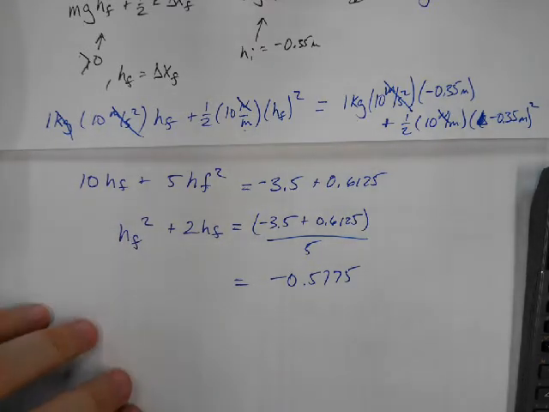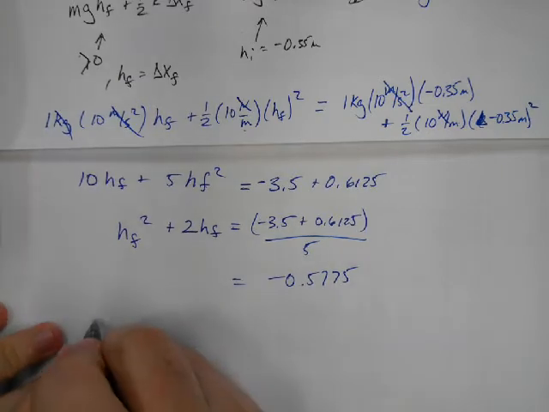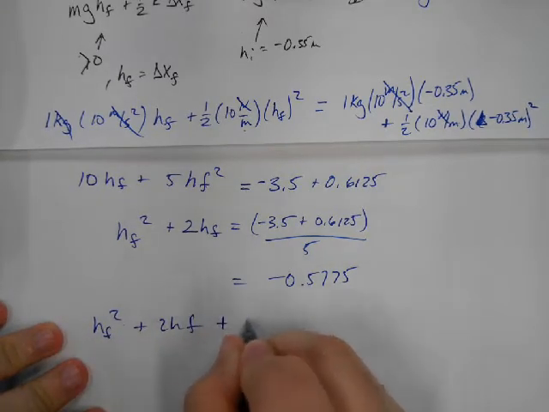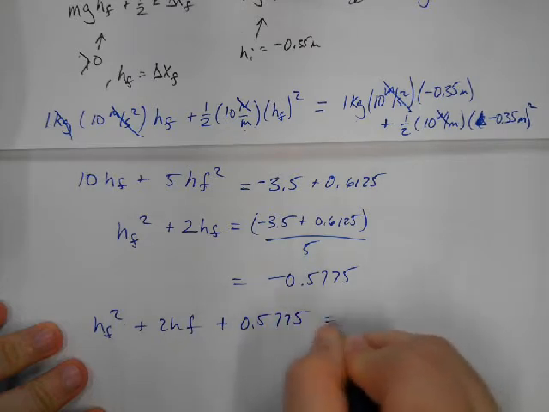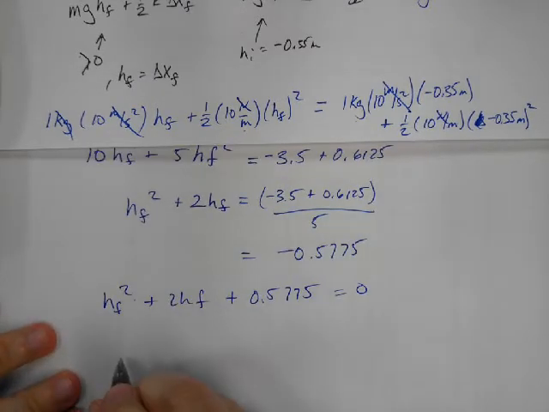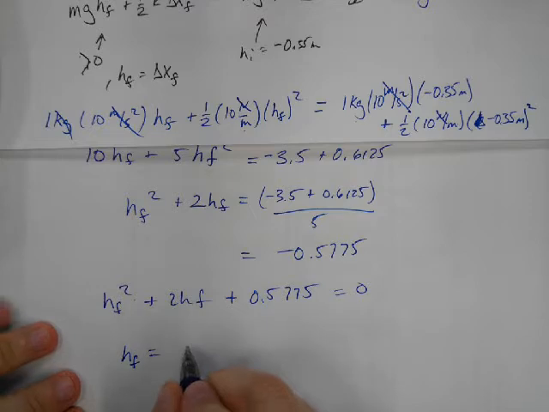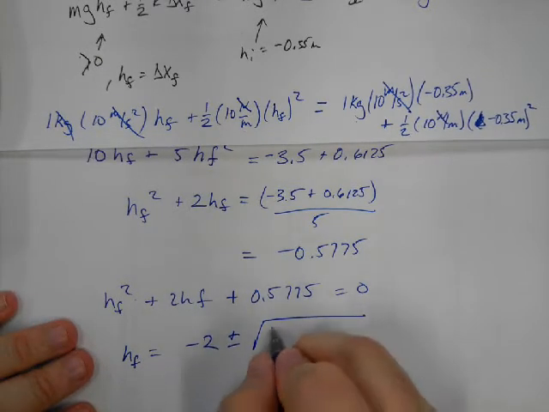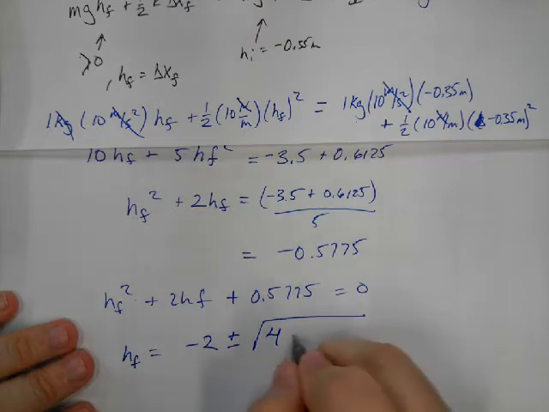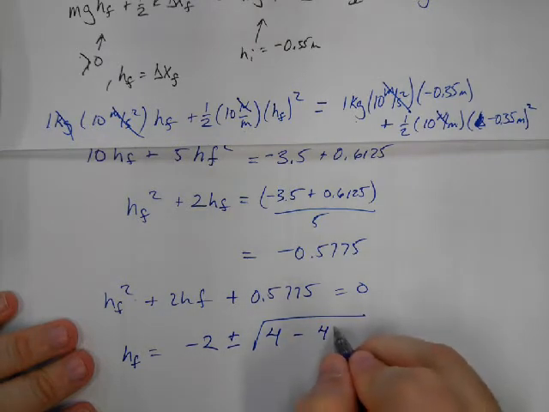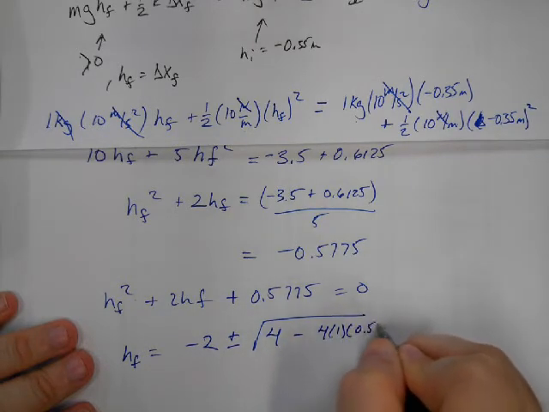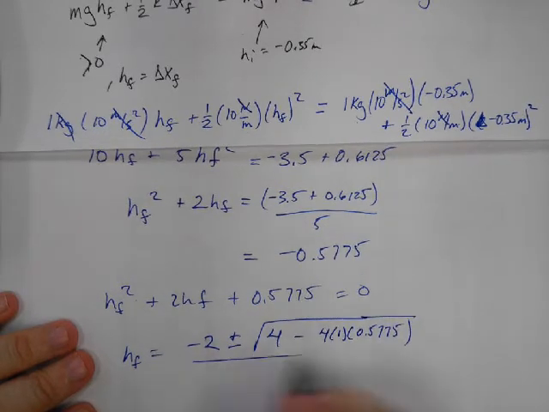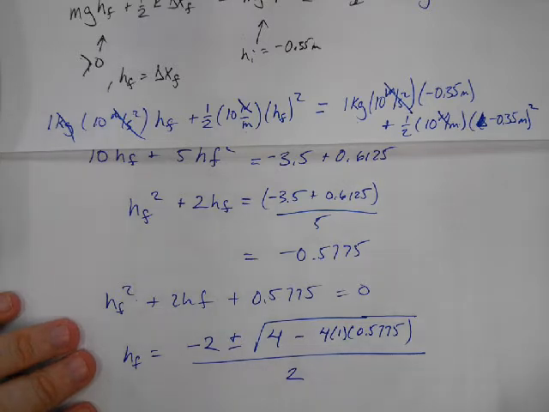All right, so we can rearrange this. h final squared plus 2 h final plus 0.5775 is 0. So h final is minus 2 plus or minus the square root of 2 squared minus 4 times 1 times 0.5775, all over 2.